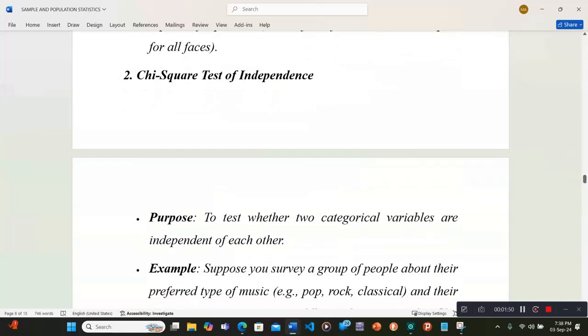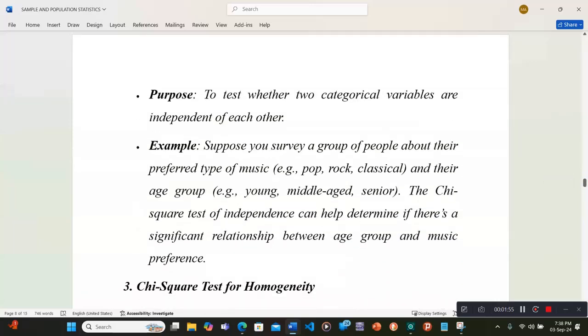Then we have the chi-square test of independence. Sometimes you want to test whether two categorical variables are independent of each other. Suppose you survey a group of people about their preferred type of music, which can be pop, rock, or classical, and their age group, e.g. young, middle-aged, senior.